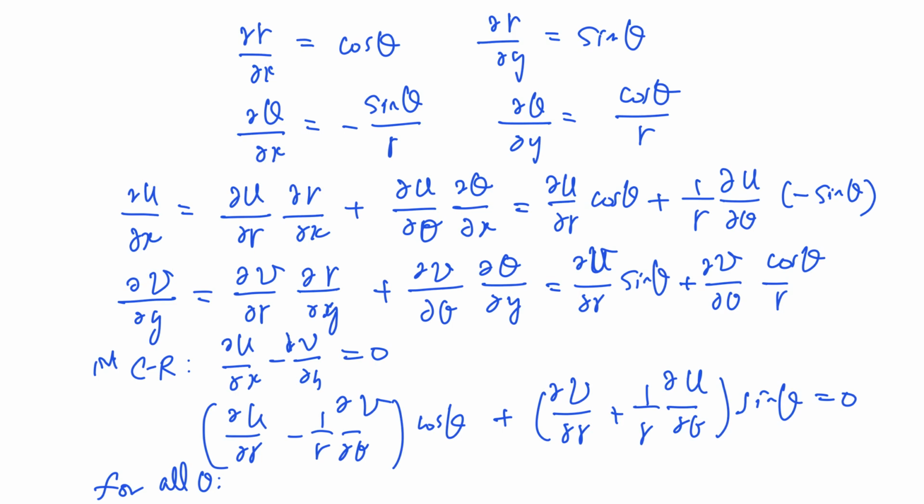So what is the condition for a cosine theta plus b sine theta equal to 0 for all theta?